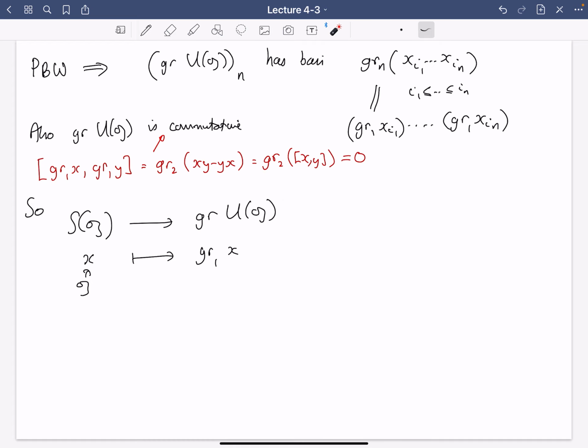This map is actually onto, because our PBW basis implies that these degree 1 elements generate the associated graded algebra, and in fact these ordered monomials are just the image of the usual basis for the symmetric algebra, so it's actually an isomorphism. And there is the statement that the universal enveloping algebra is a filtered deformation of the symmetric algebra on the vector space g. So that's another way of thinking about the PBW theorem.